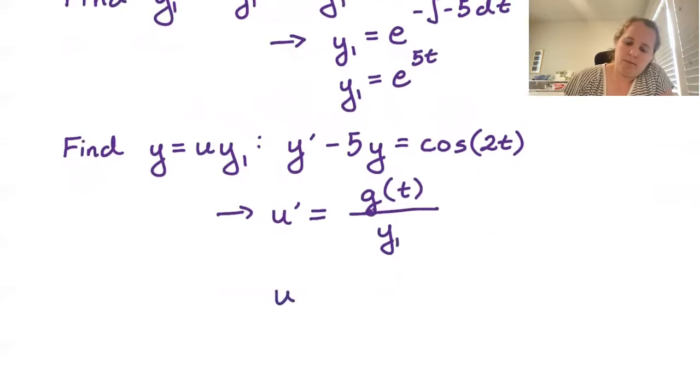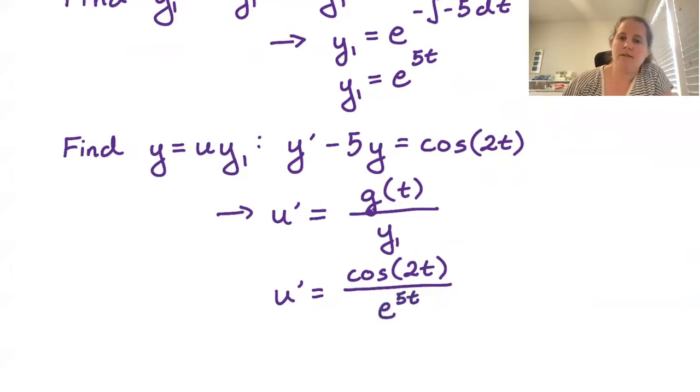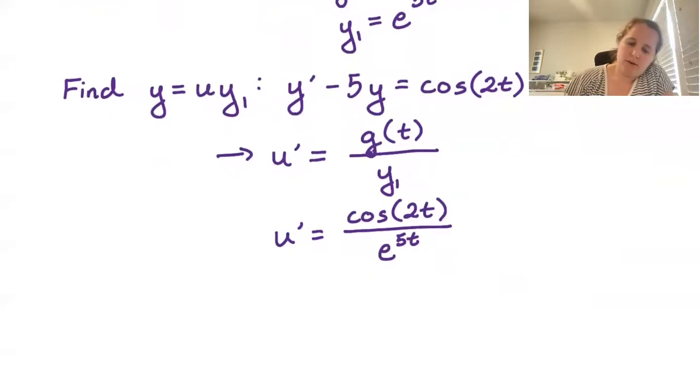So u prime is cosine of 2t divided by e to the 5t, or u prime is e to the negative 5t cosine of 2t.